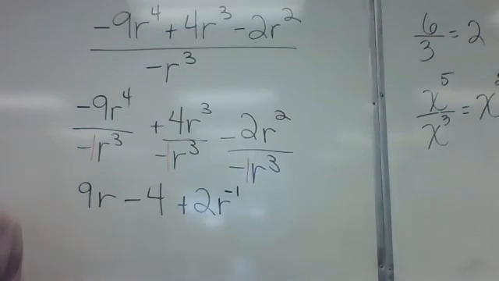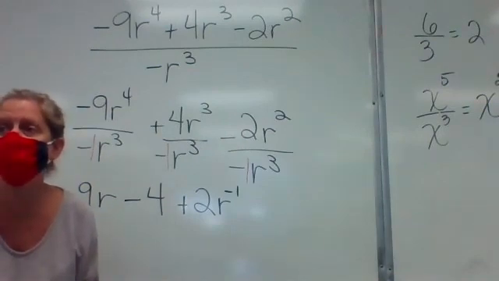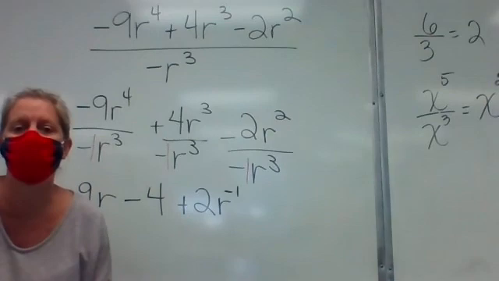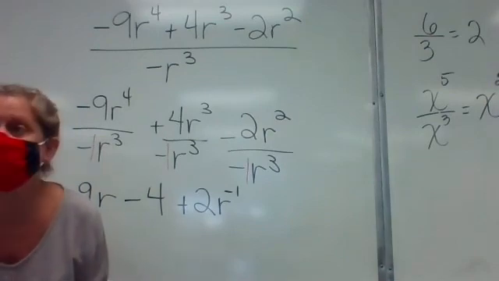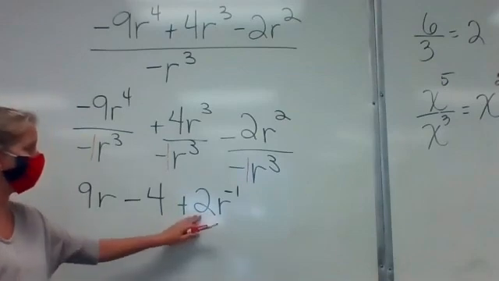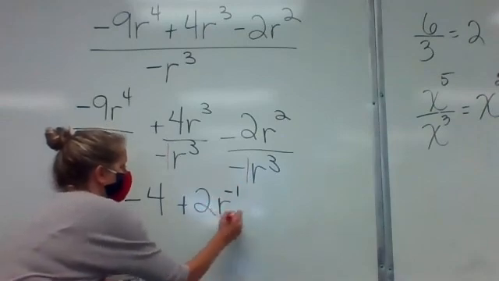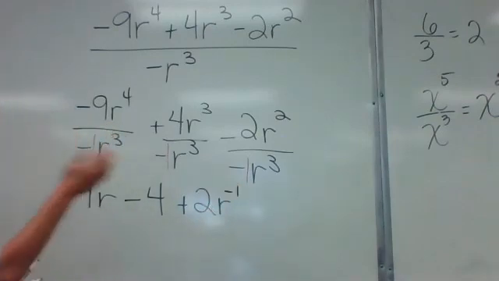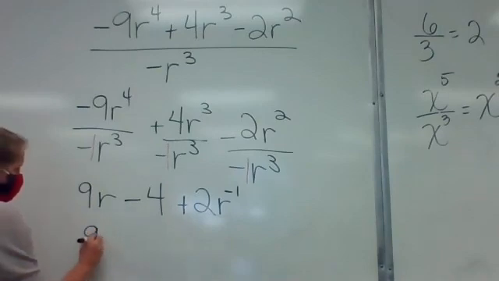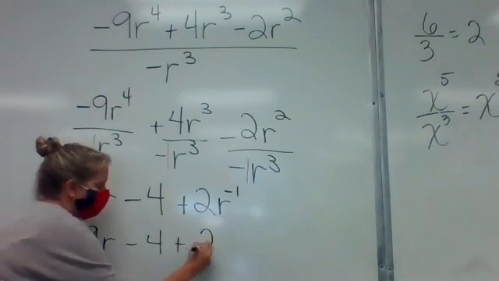What did we learn last week fixes a negative exponent? Where does that R need to go? You flip it to the bottom. So the 2 is fine. It doesn't have a negative exponent. The only person that has a negative exponent is this right here, that R. Everybody else is fine. So let's see, I've got 9R minus 4 plus the 2 is fine.